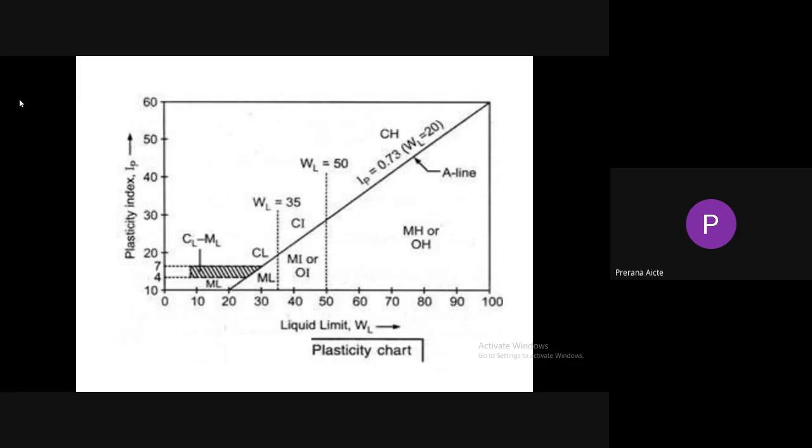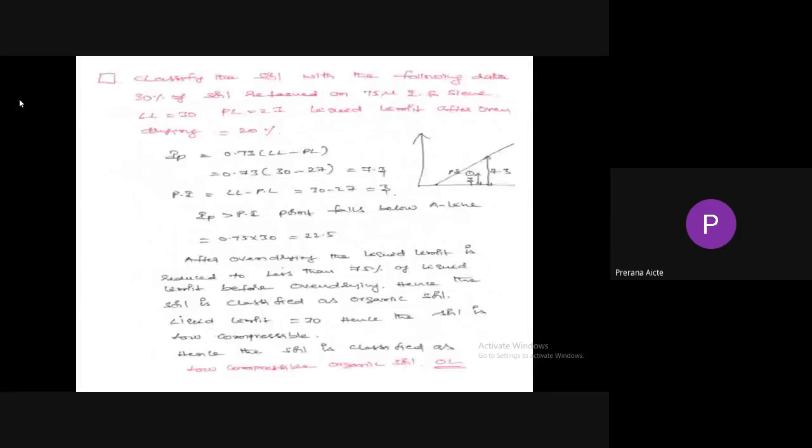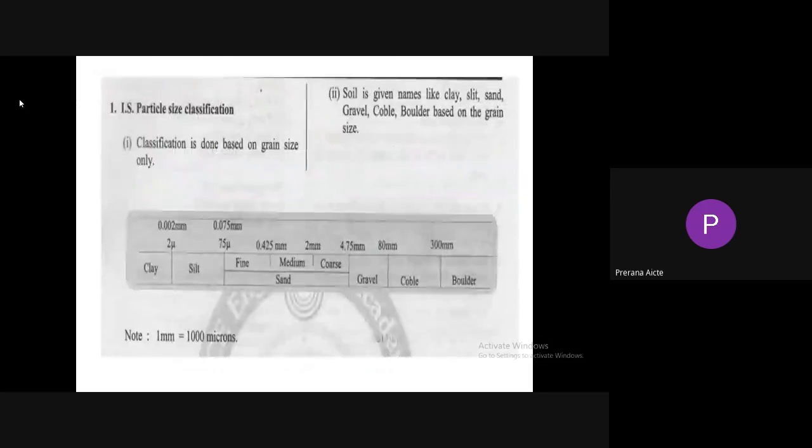So this is about the Indian soil classification system. We have two Indian classification systems. One is based on particle size only.